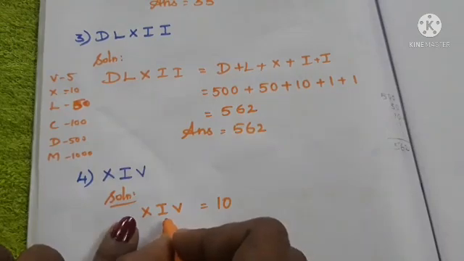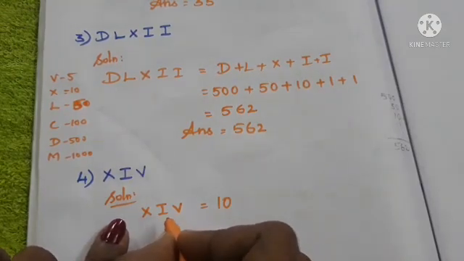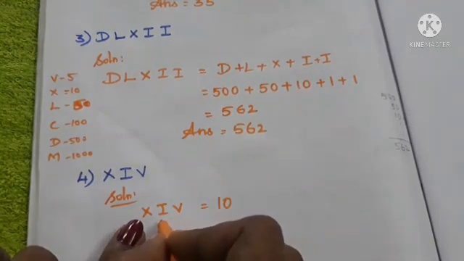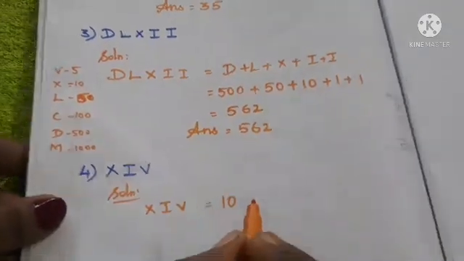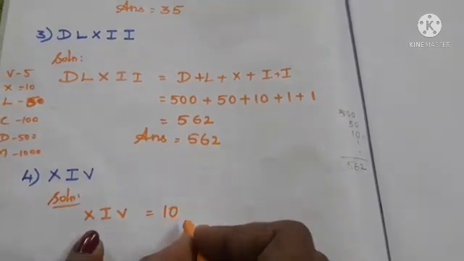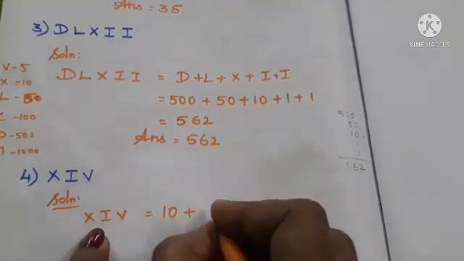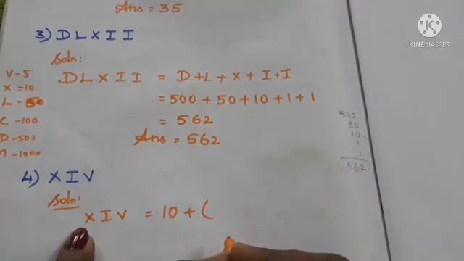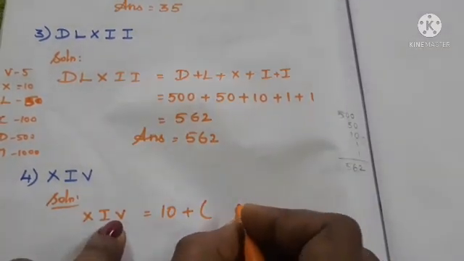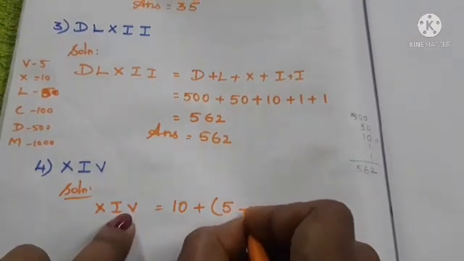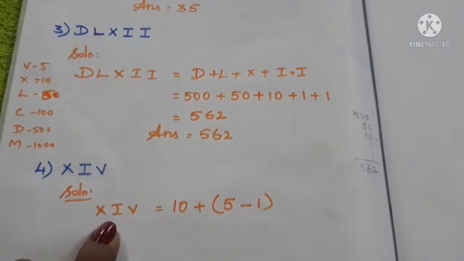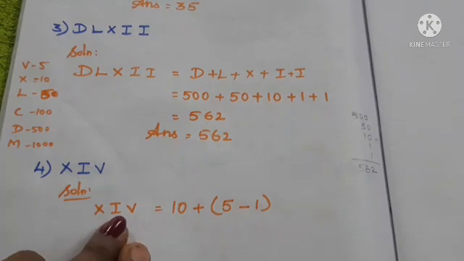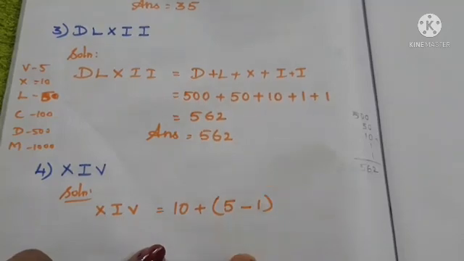If the smaller Roman numeral is at the left side of the larger numeral, we have to subtract it from the larger one. So we write 10 plus a bracket, then the larger numeral first, 5 minus 1.